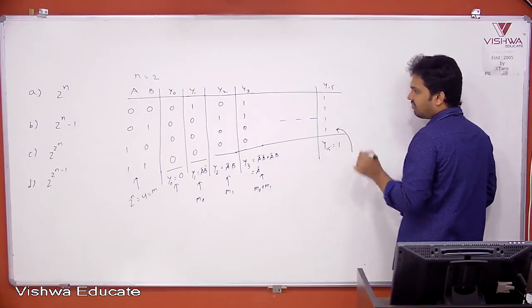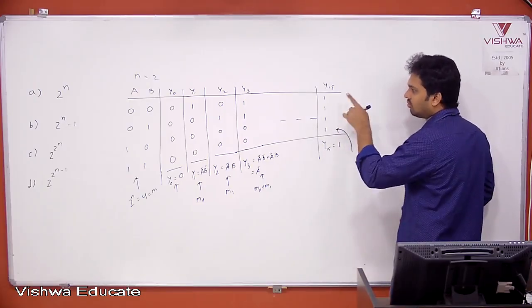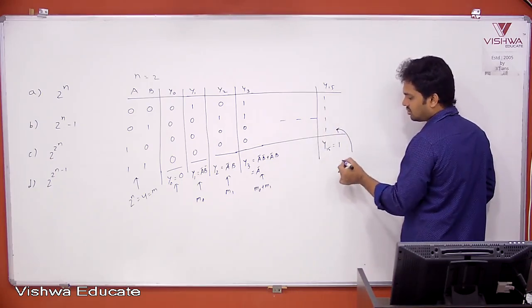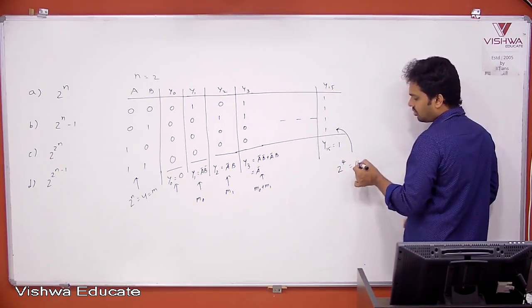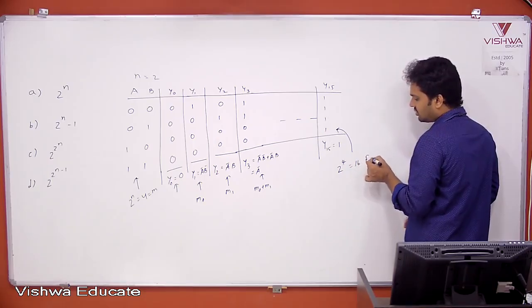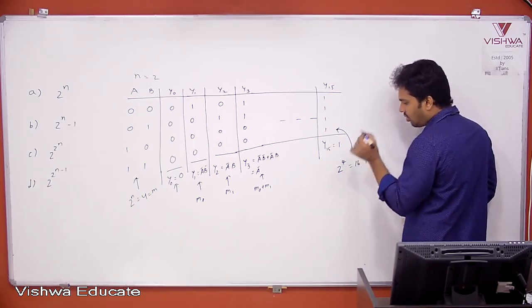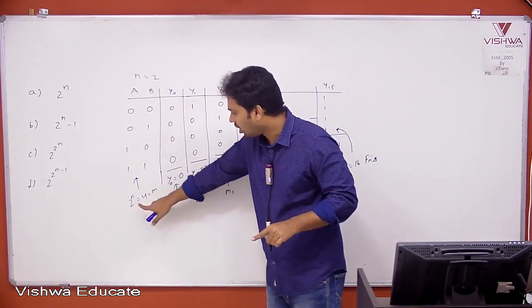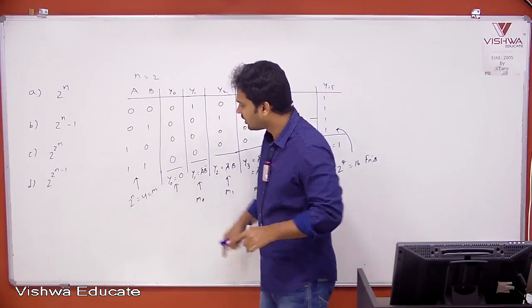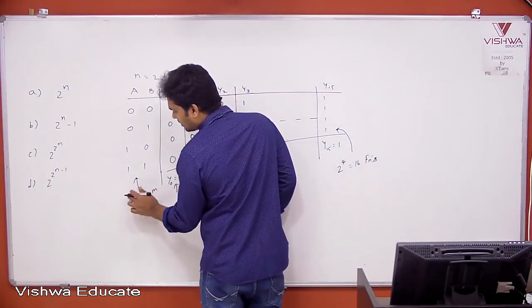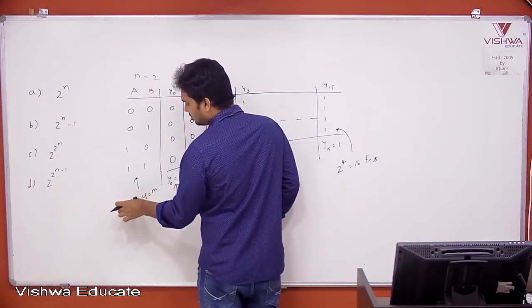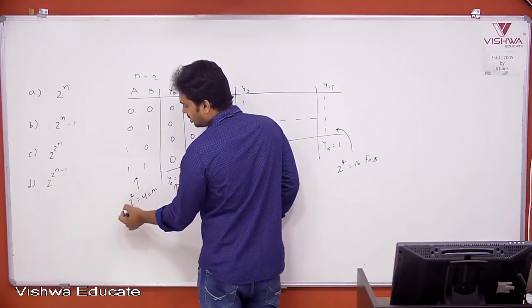So how many different functions are possible? y0 to y15, total 16. Or 4 zeros to 4 ones means 2 power 4, 16 functions are possible. Here, how did I get this 4? Because the number of minterms is 4. The formula for the number of minterms is 2 power n. What is n here? n is 2, so 2 power 2 is 4, I got this.